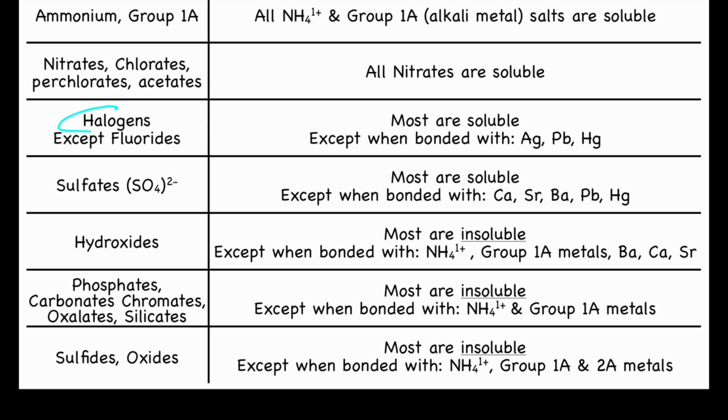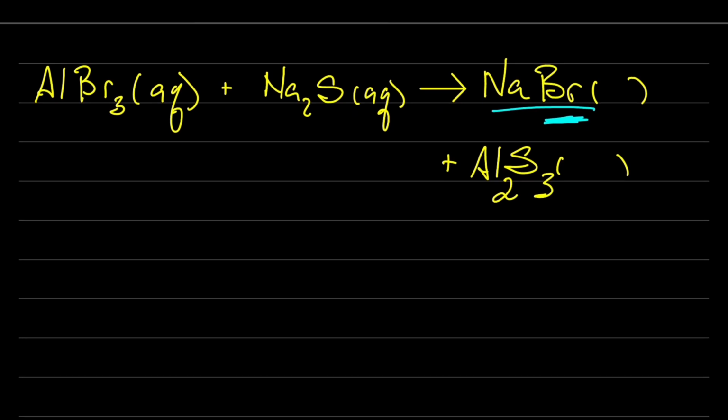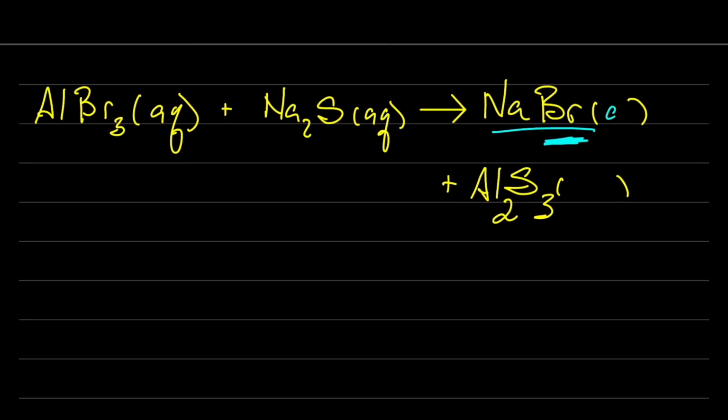Bromine is a halogen, and most are soluble, meaning AQ, except when bonded with silver, lead, or mercury, but ours is hooked up with sodium, which means our NaBr is aqueous. All right, and next we're going to check aluminum hooked up with sulfide.